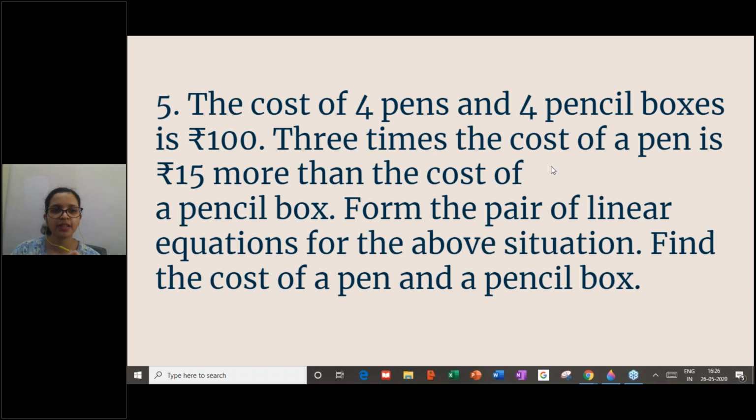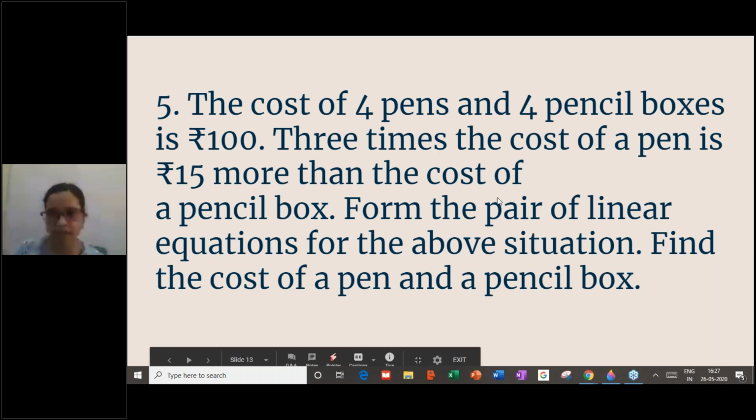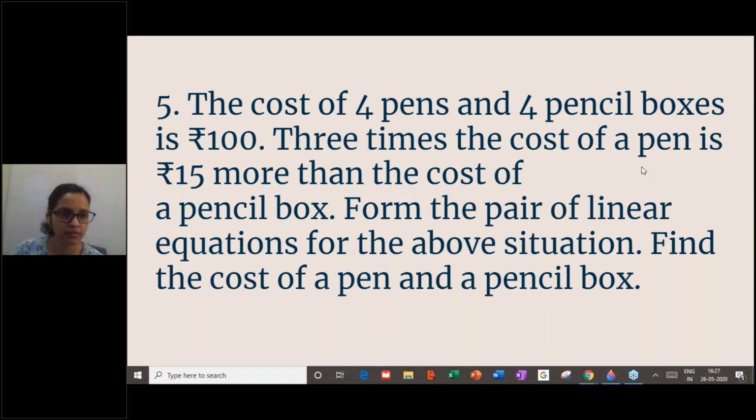So that will be the pair of linear equations, and then you solve, you will get the value of x and y. So you can raise your hand if you have solved. Since this question is still giving me a glitch, I really need to figure out why it is giving me a glitch.